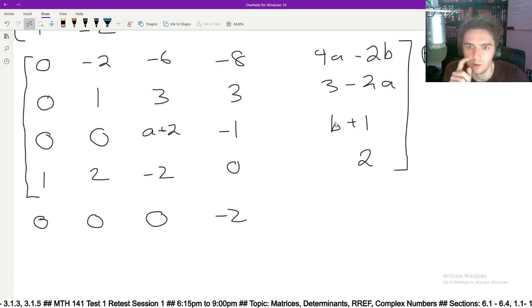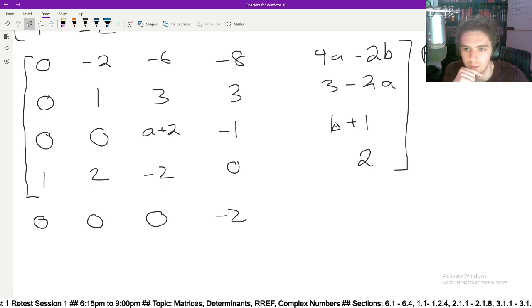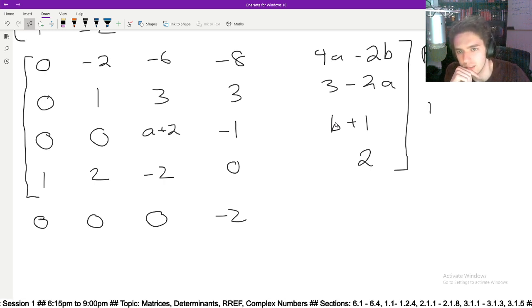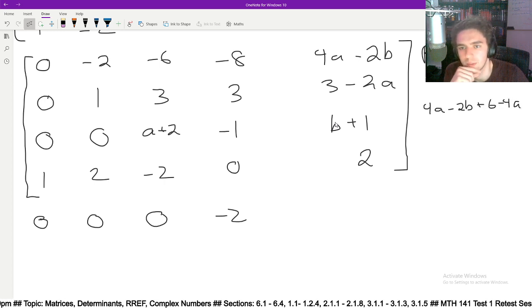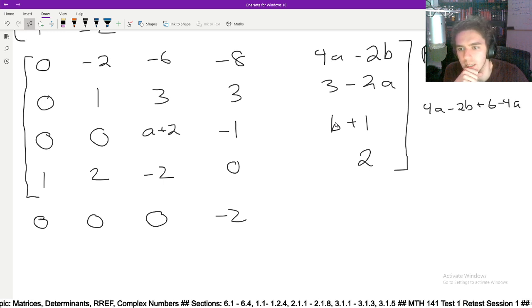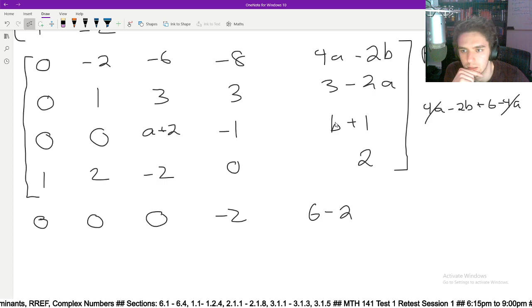Now 4a minus 2b plus 6 minus 4a. I'll do it on the side: the 4a cancels, and it's just 6 minus 2b.